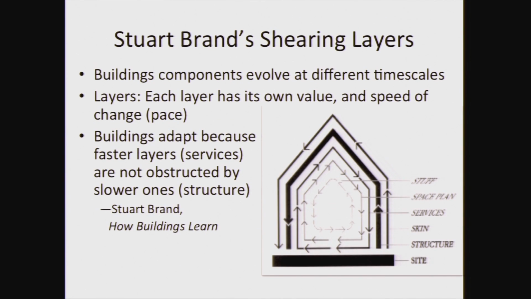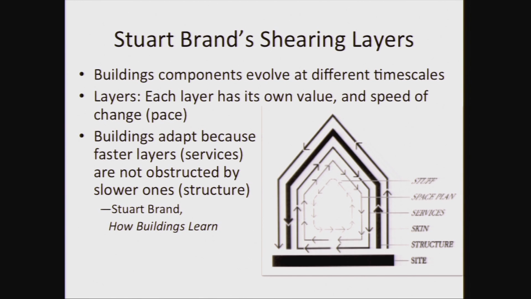Another thing to be aware of, in an architectural system, is the rate at which things change. Stewart Brand, who wrote the book How Buildings Learn, talks about physical buildings evolving at different rates, because the various different parts of them, or layers, as he calls them, gee, doesn't that sound similar to software terminology, has its own value and speed of change, or what he calls pace.